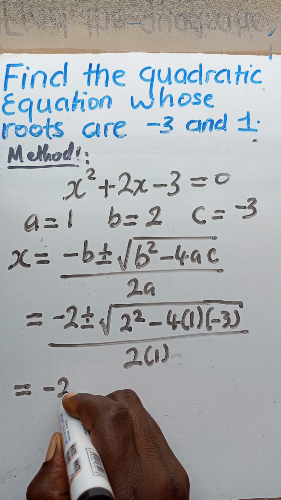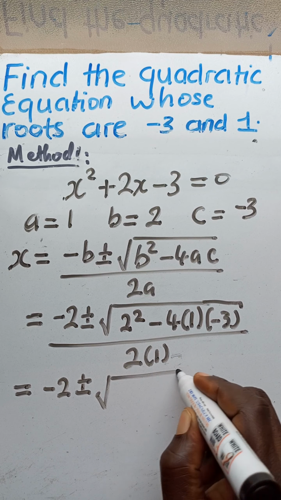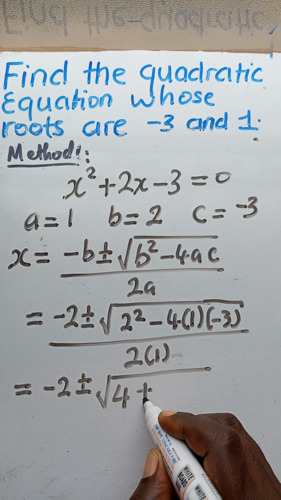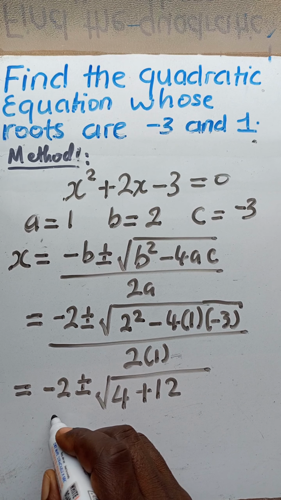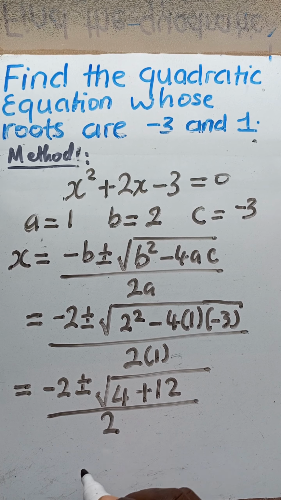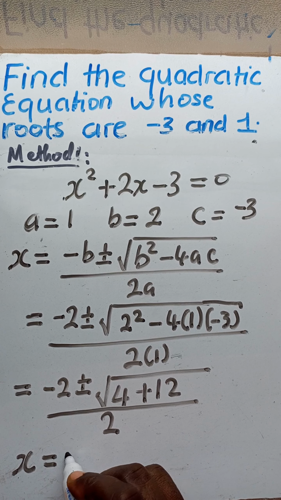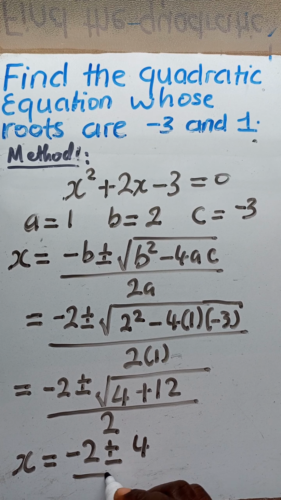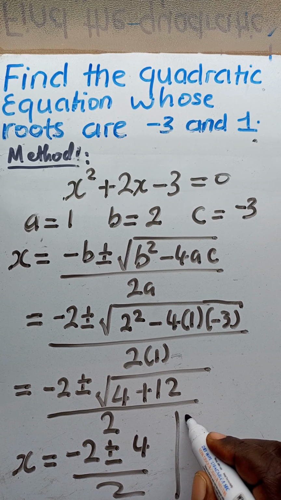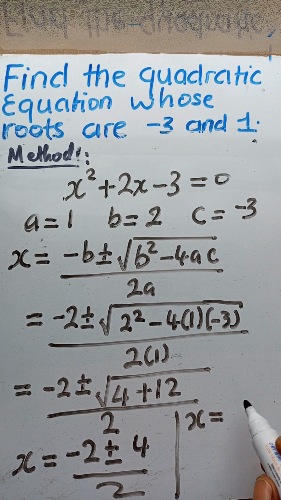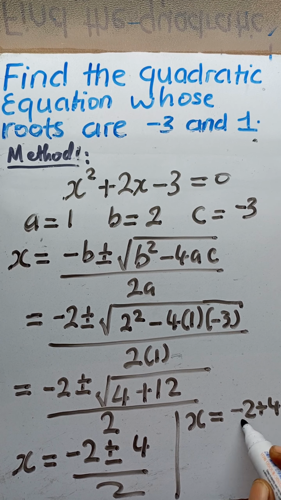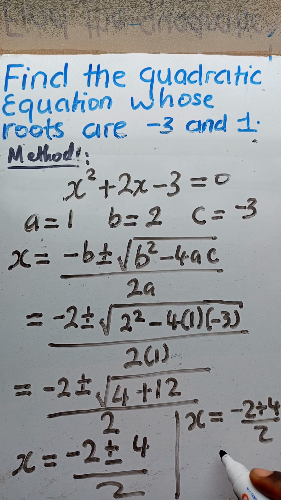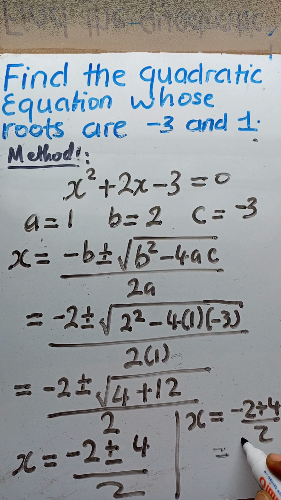So we have negative 2 plus minus the square root of 4. 2 squared is 4. Negative multiplied to negative, positive. 4 times 3, 12. All over 2 times 1 is 2. And so we have x equals negative 2 plus minus the square root of 16, which is 4, all over 2. Therefore, the two values of x are, we take the positive, negative 2 plus 4 all over 2, that gives us 1.